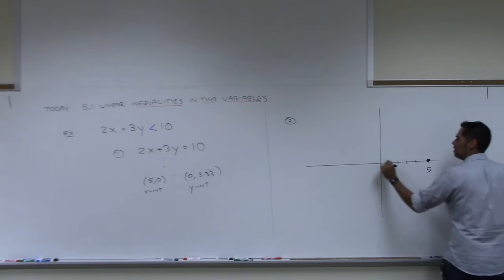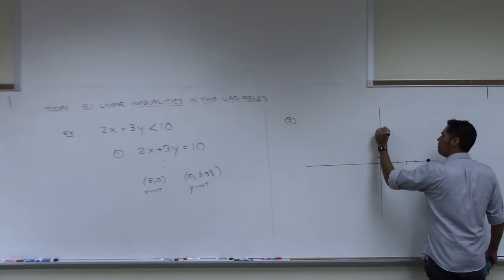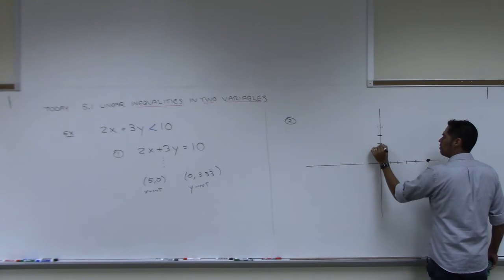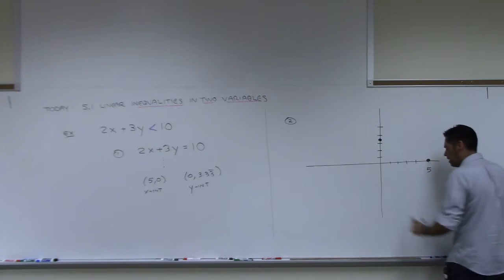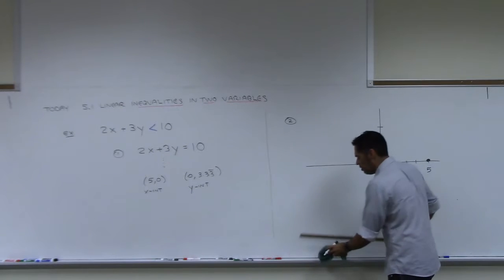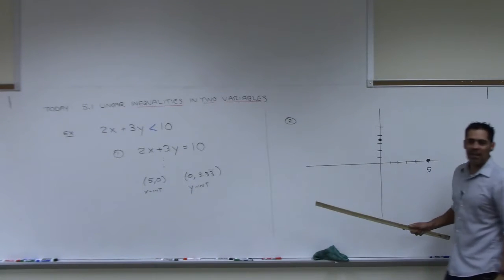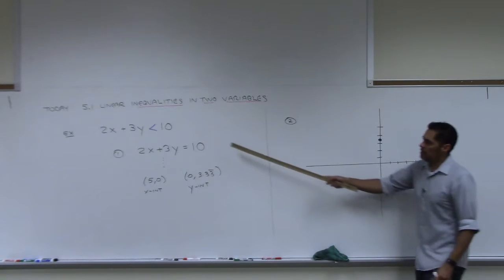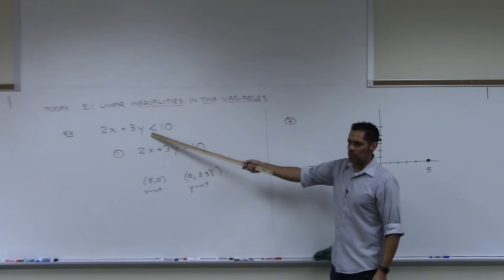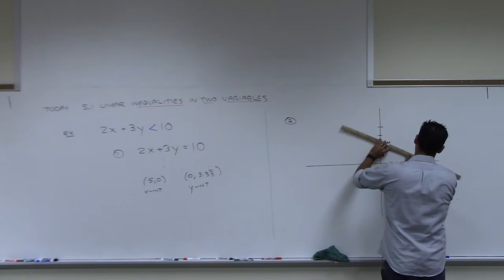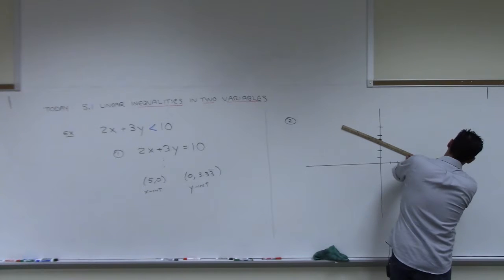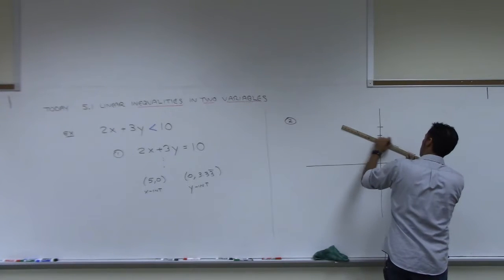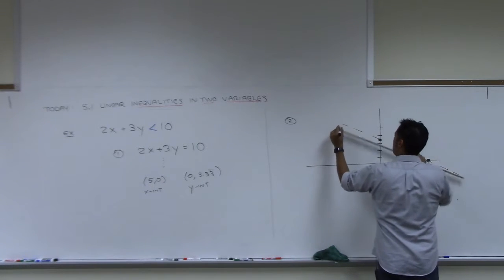Here's a point. 1, 2, 3, 4, 5. 3.3 was here. So the difference now is that when I do this, I'm going to use a dashed line. And the dashed line is because that doesn't have the equals on it. So I draw a dashed line through here. Like this.